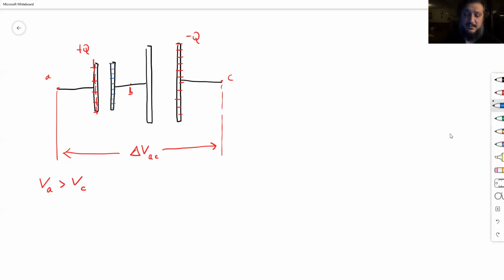They'll be attracted by the positive charges. And the amount of negative charge on this plate will be exactly Q in magnitude. So positive Q and negative Q. If the negative charges are over there, this will automatically be the positive charges on this plate, and they will be exactly equal to positive Q. So if you add these up, you get 0, which was the original charge. There was no charge in the beginning.